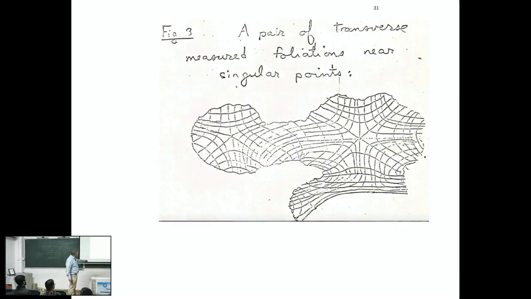This is a 3-pronged singularity for each of these measured foliations. So the one is transverse to the other, means that at the singular point here, you have the 3 alternating prongs. And in the most natural way, this is 1, 2, 3, 4, and so on. And these are the only two singular points on this picture.